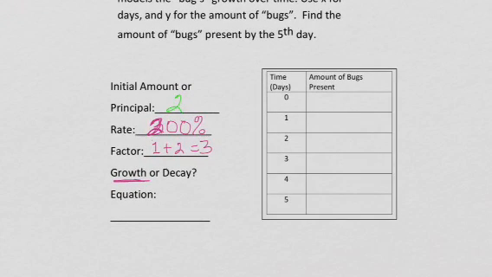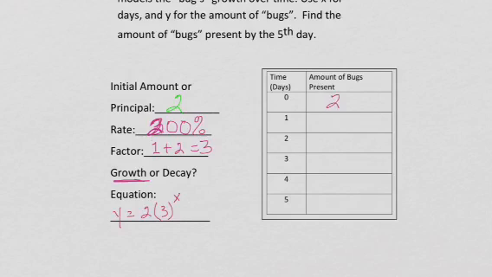So the function then is going to be y equals 2 times 3 raised to the power of x. So it started out at 2.